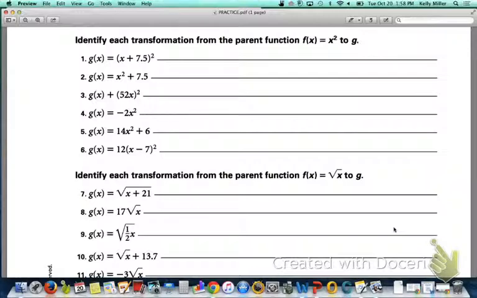Number 9, it's going to be a horizontal stretch. Good. Okay, 10. Up 13.7 units.